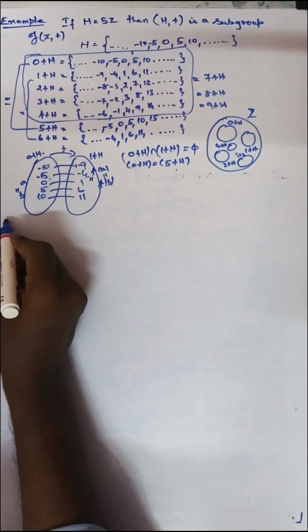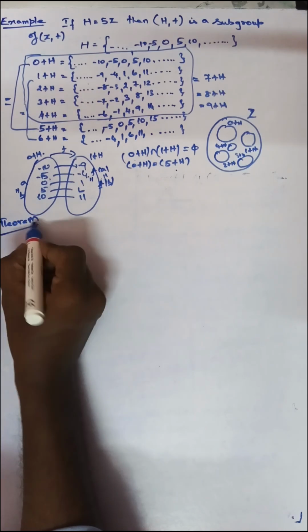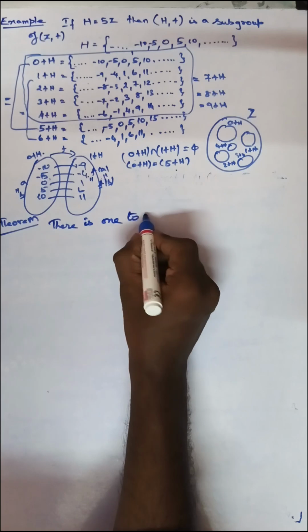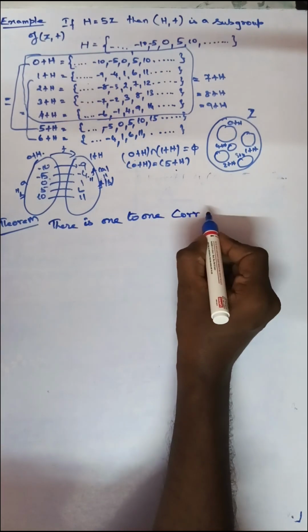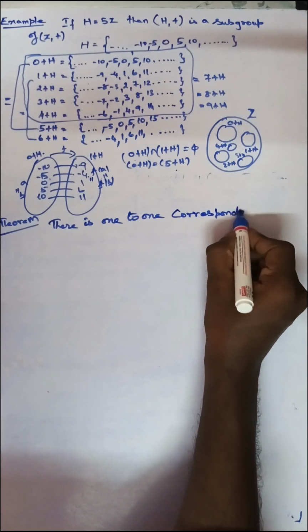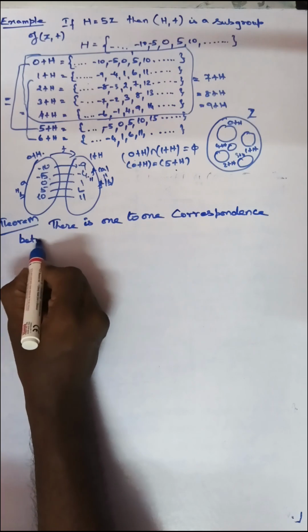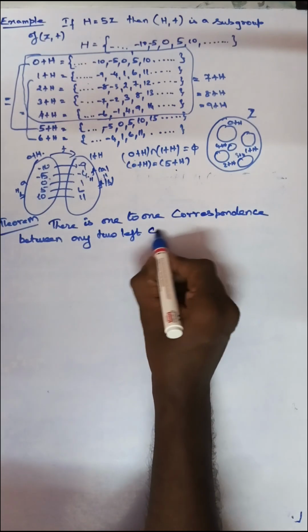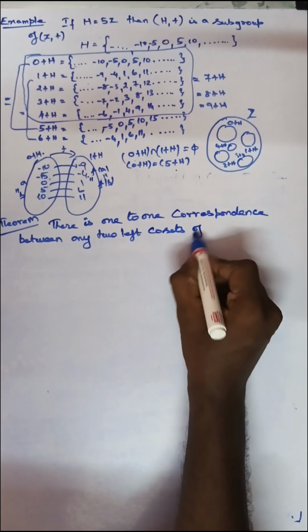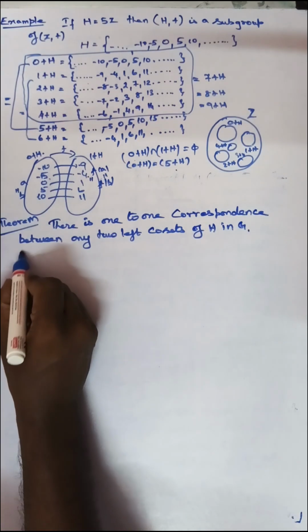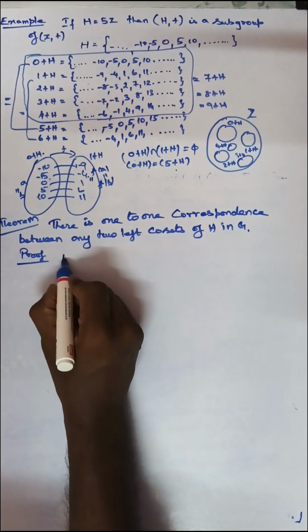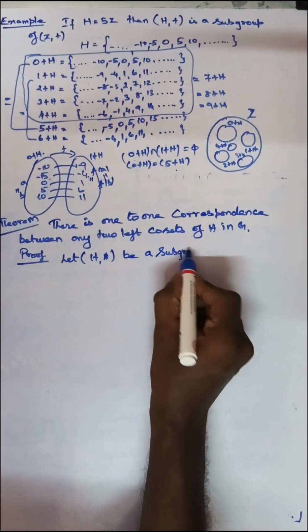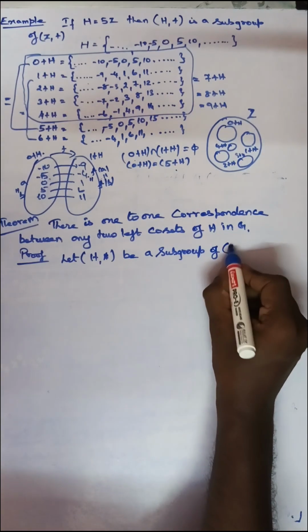Theorem: there is a one-to-one correspondence between any two left cosets of H in G. Proof: let H, star be a subgroup of G, star.